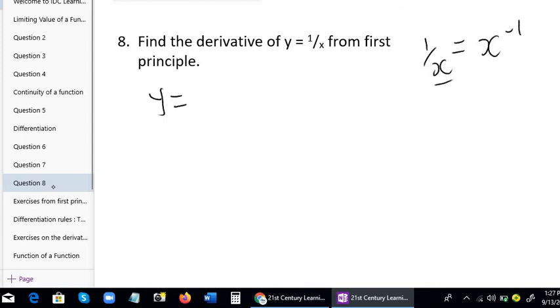I'm sure you can remember this from indices. So x to the power minus 1 is same thing as 1 over x. Please don't forget this. This is same thing as this. Alright? So I don't want to go into indices. So I can just replace this with x to the power minus 1. It's same thing. So if you have this, you can go back to this as well.